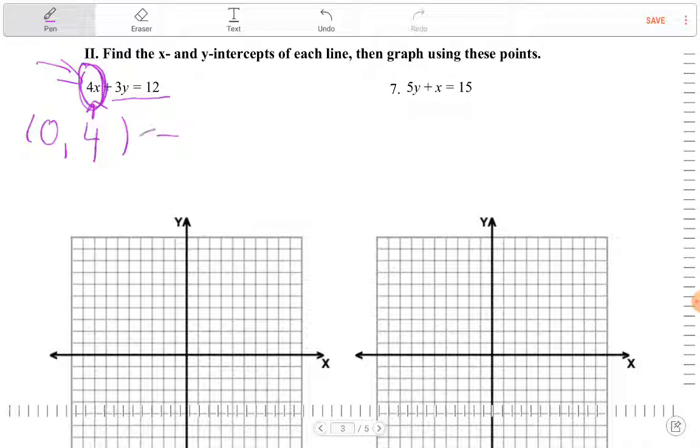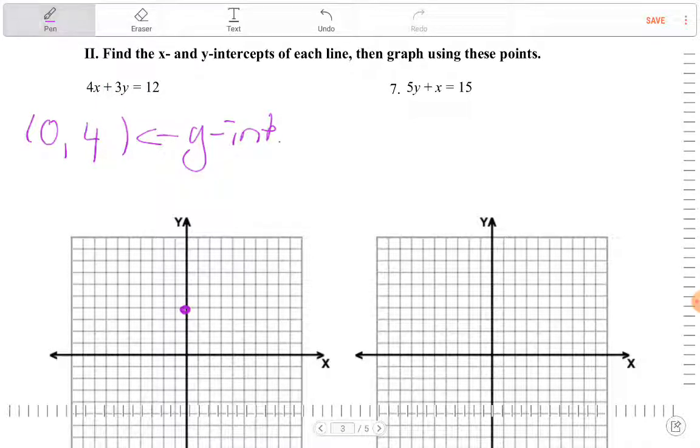So what did I just find? If my x coordinate is 0, then my y coordinate is 4. Now this is your y-intercept. We said anytime my x becomes 0, this is your y-intercept. So 1, 2, 3, 4. Here's your y-intercept at (0, 4).